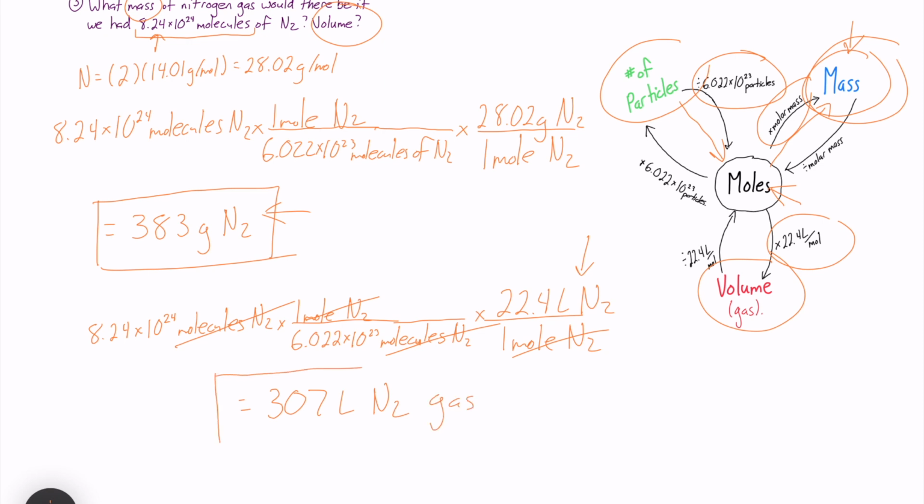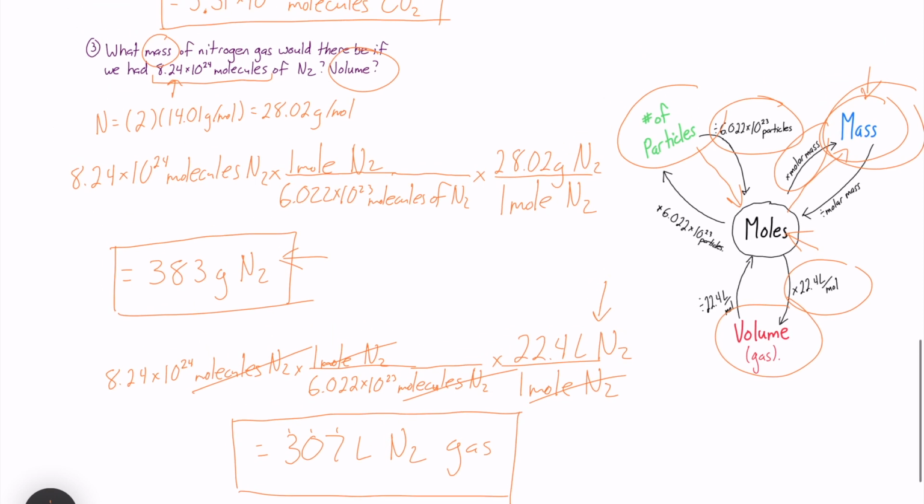And again, our sig figs, they do look correct here. We have 3 in our answer, and all the way back in our question here, 8.24 times 10 to the 24, we have 3. So I am happy with that.